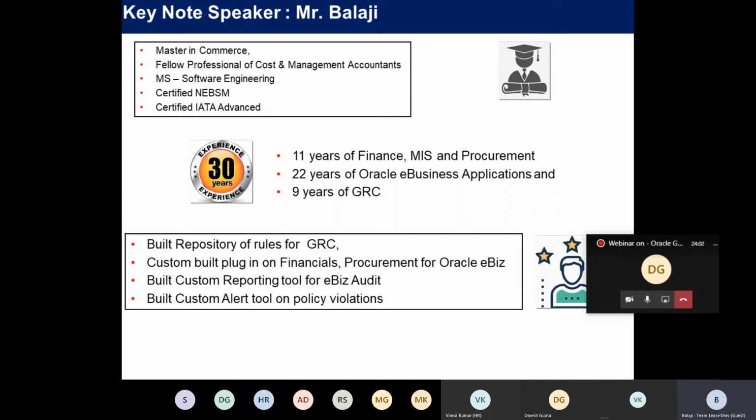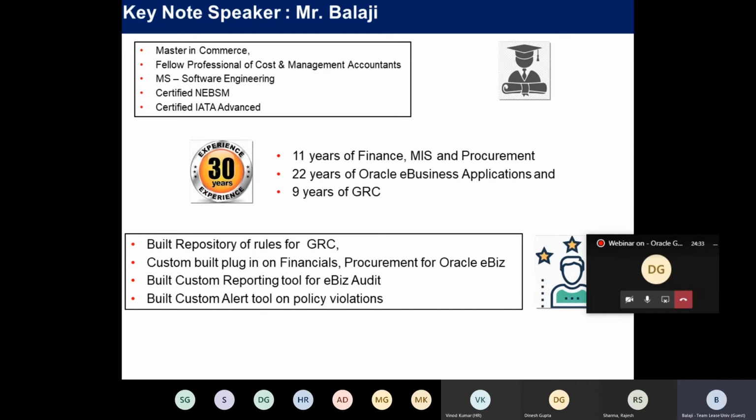Before that, I just wanted to tell you that I have been in assignments where we built custom modules for financials, procurement, and Oracle EBS, as well as a few connectors to Oracle GRC. Personally, I have sat and built the Oracle repository rules for the GRC.